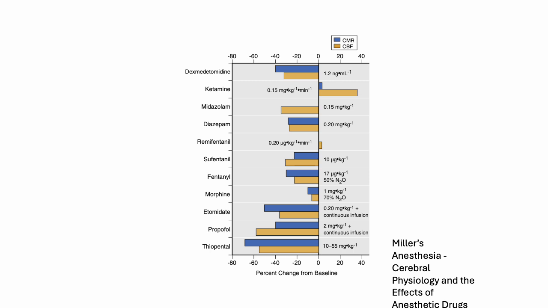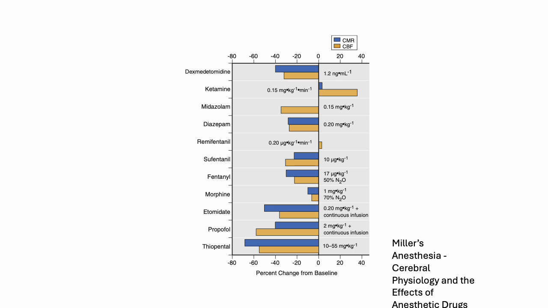Overall, we have injectables and inhalants. Most of the injectables will decrease the metabolic rate and decrease the cerebral blood flow. That's pretty intuitive because you sedate them, the brain cells are not active, they need less blood flow. Easy.